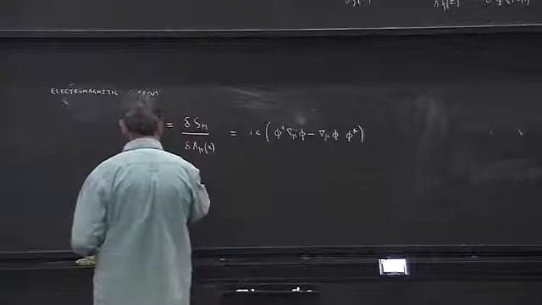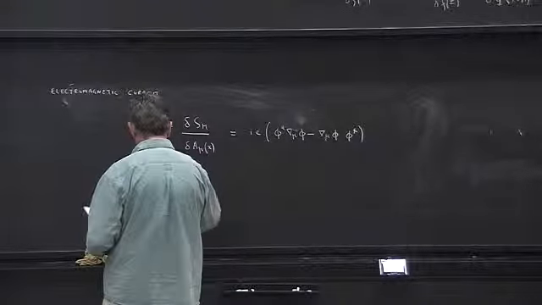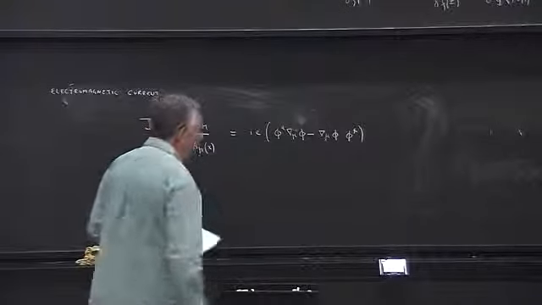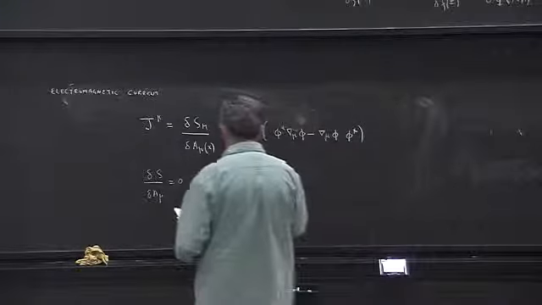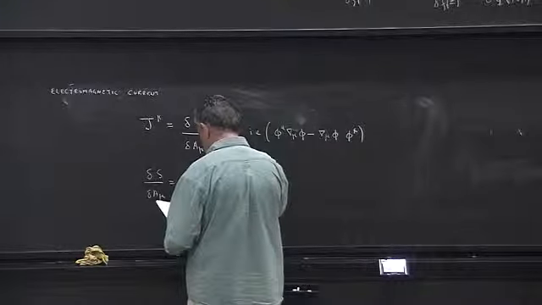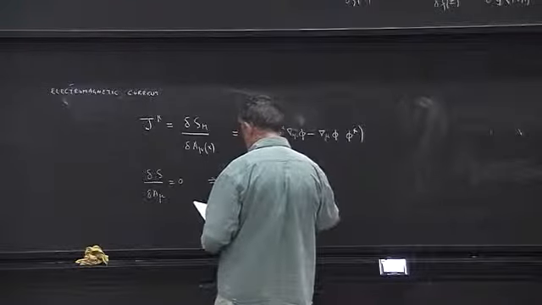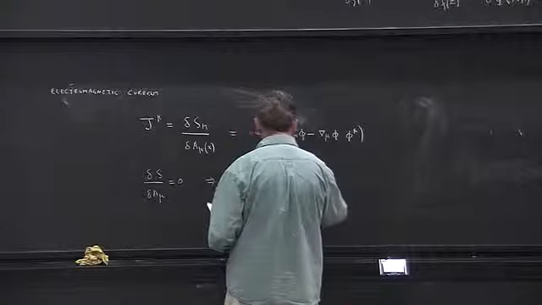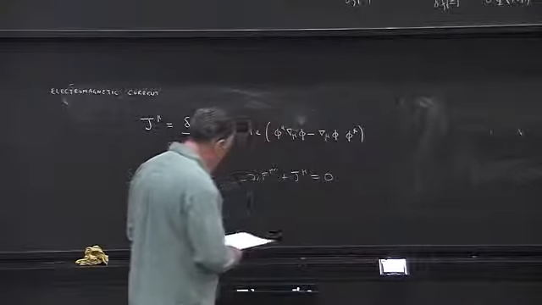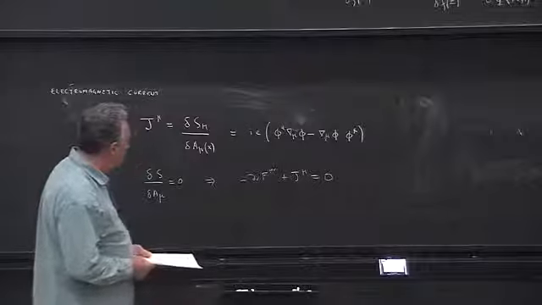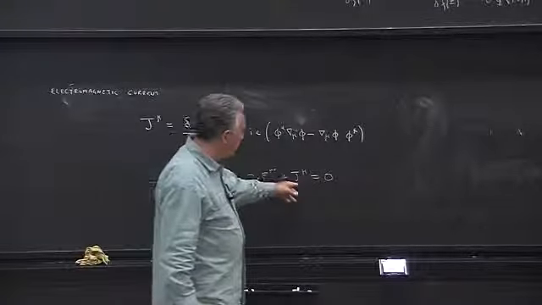So if we vary the entire action with respect to A mu and put it equal to 0, we get minus d mu F mu nu plus J nu is equal to 0. So varying with respect to A gives us the Maxwell theory with the source term.